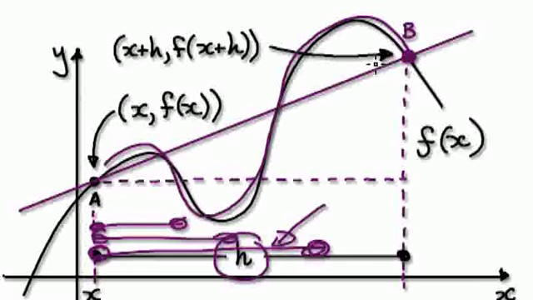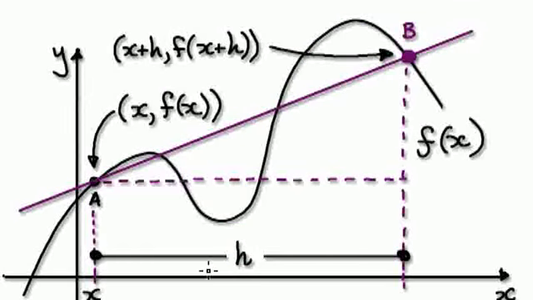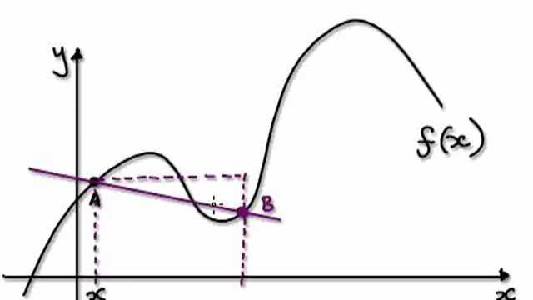Eventually it will get closer and closer towards A. So the next step is to make h slightly smaller.